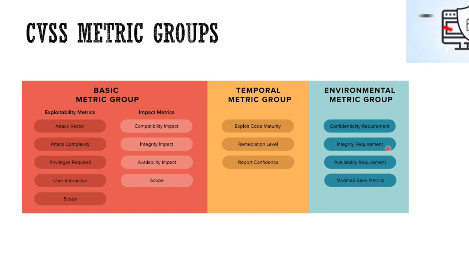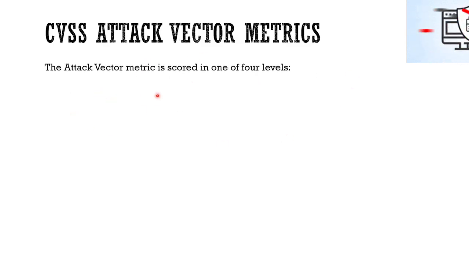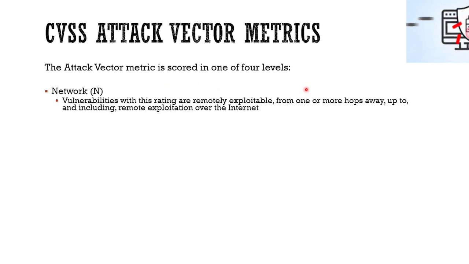Now let's talk about the attack vector metrics. The attack vector metric is scored in one of 4 levels. And the word vector just simply means from what angle. Is this a network attack? Are these vulnerabilities remotely exploitable from a couple of routers away, including over the internet?